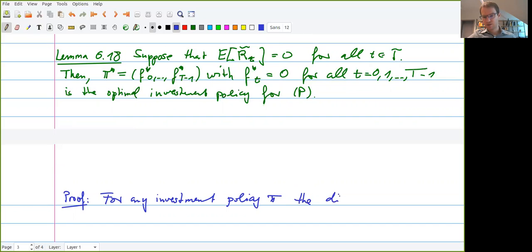The discounted value process, so capital process here, is a martingale.